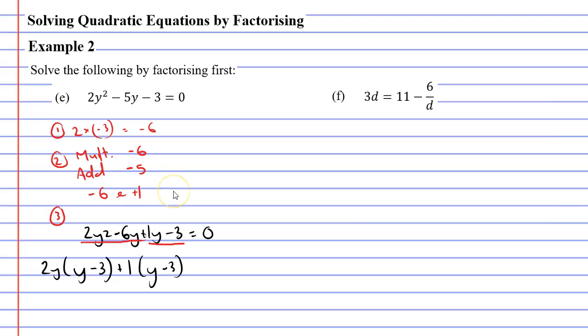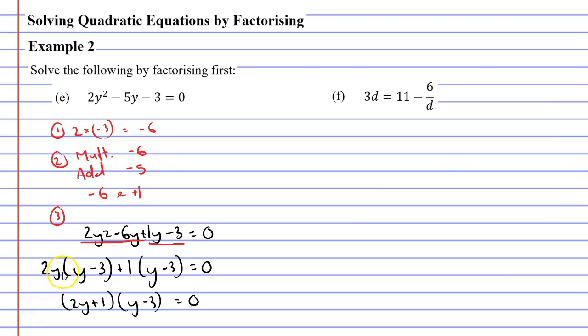Now this will all equal 0. And you might remember, when both sets of brackets are the same, we write them as one set of brackets. We're going to write the y minus 3 in one set of brackets. And then the other two terms, the 2y and the plus 1, will go in their own set of brackets, like so. This will equal 0.